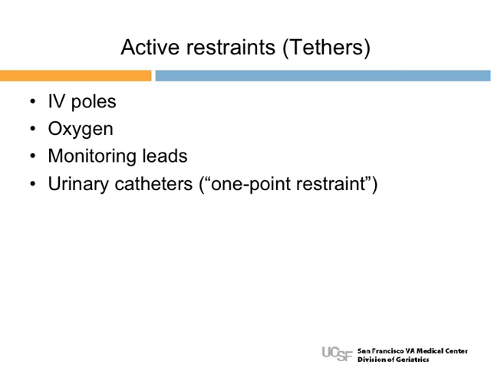Fortunately, that problem's not fully resolved, but we actually don't do what we call physical restraints, where we restrain patients who maybe have agitation, anymore. But we do a lot of restraints that are semi-active, and we don't think of them as restraints, but they are restraints. An IV pole makes it almost impossible to move.